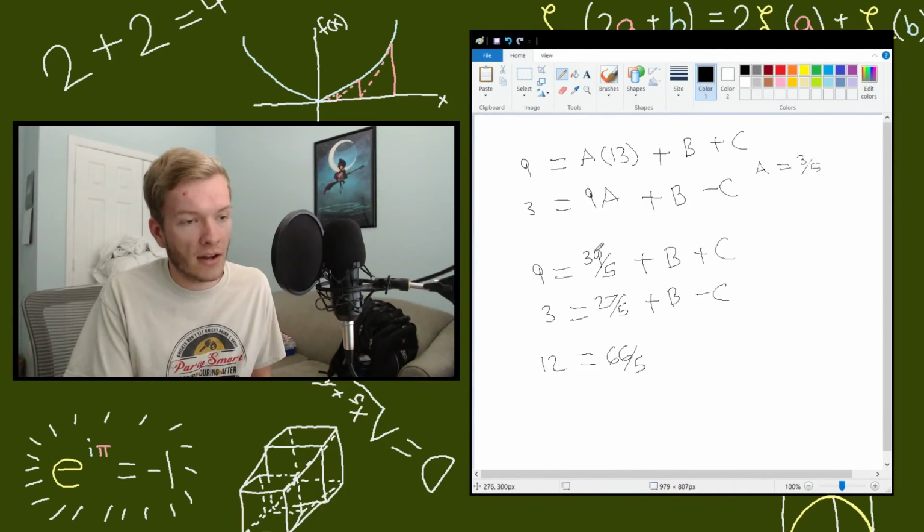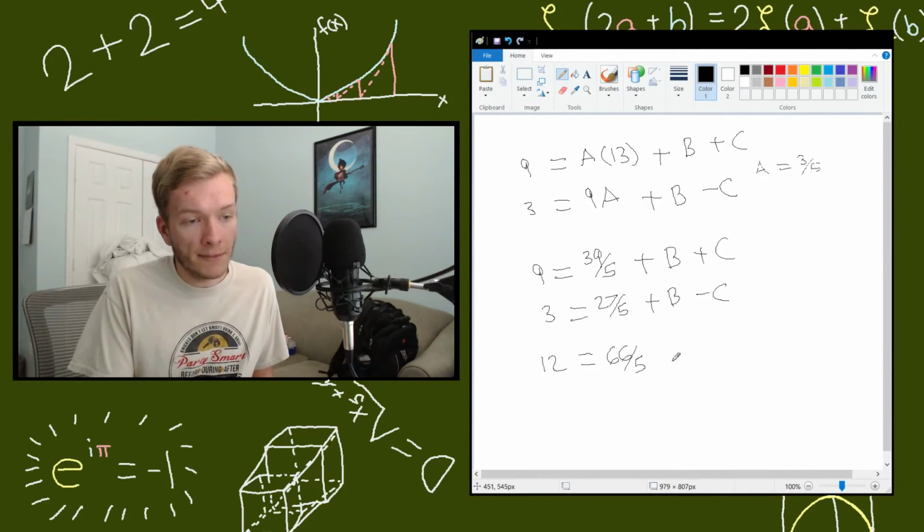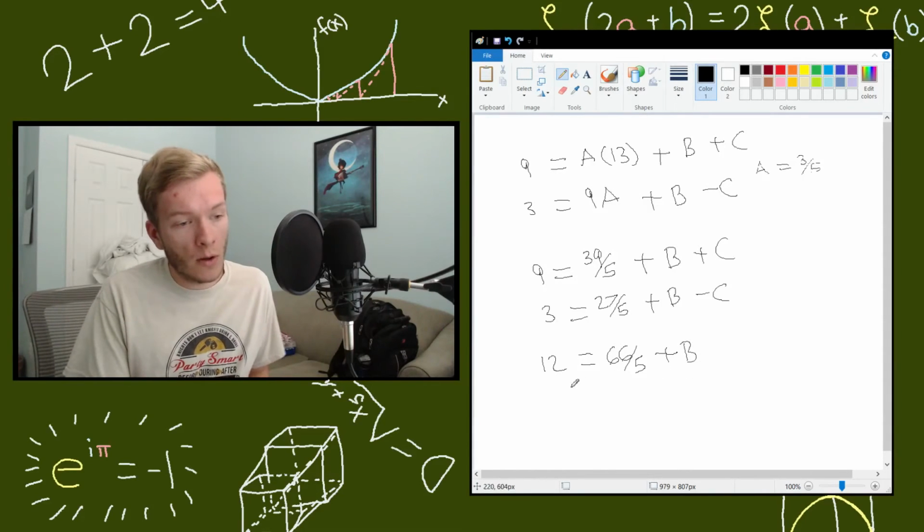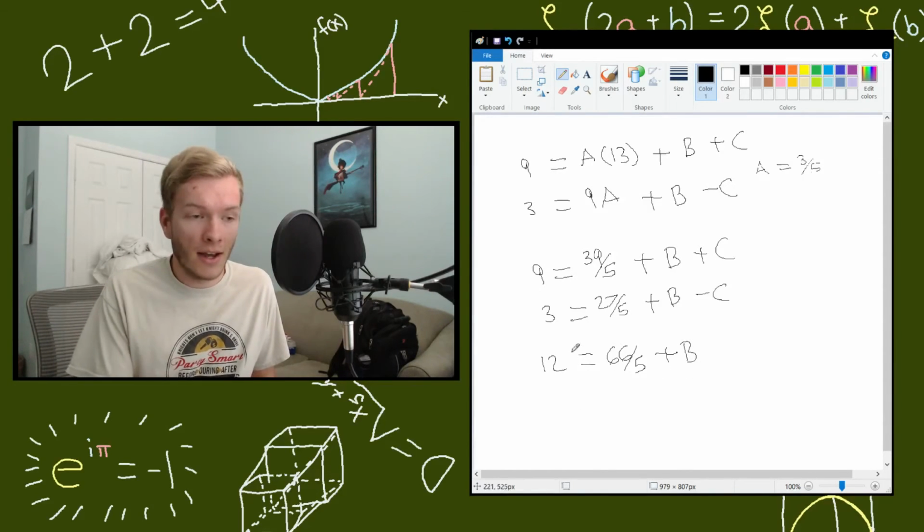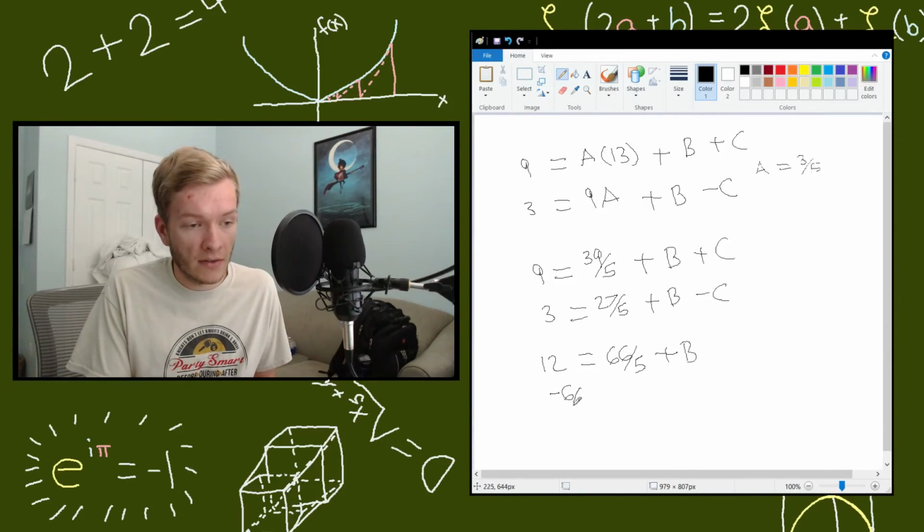I'm worried that I've done an error here early on, but we'll see. And that's plus b. So 12 times 5 is 60, so that is 60/5. And when we subtract this out, we get -6/5 is equal to b.